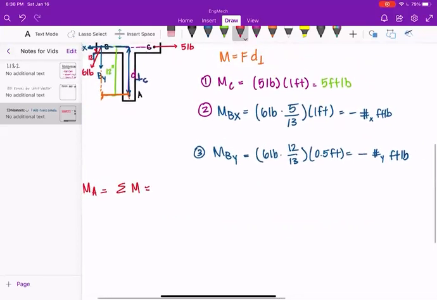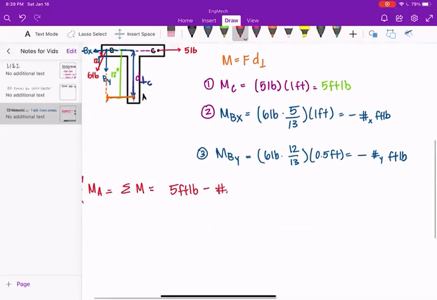So I have my 5 foot-pounds minus whatever the BX one was, foot-pounds, minus whatever the Y component caused. Then you're going to get some overall moment. I'm so sorry that this is like this. And let's just say, I have no idea if this is the correct number or not, but let's just say we got -3 foot-pounds. Okay?